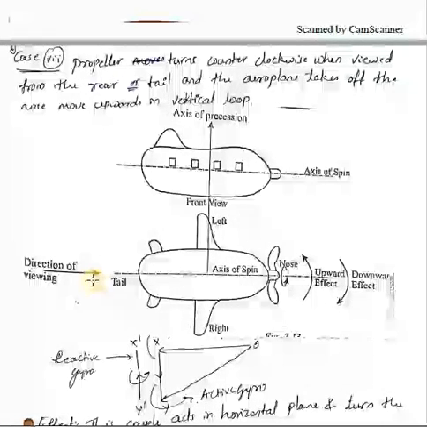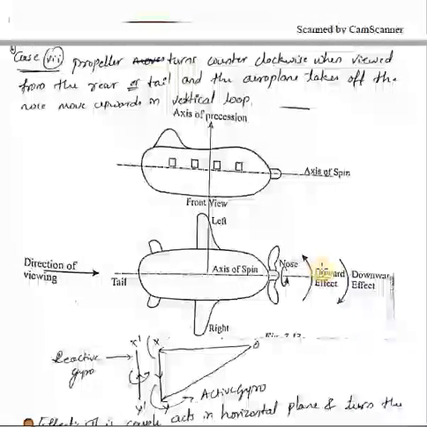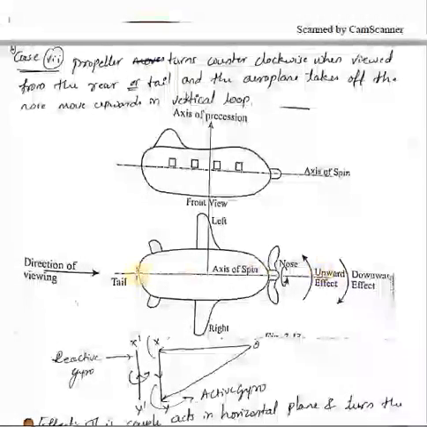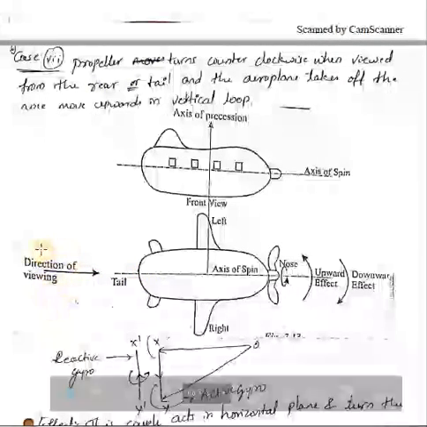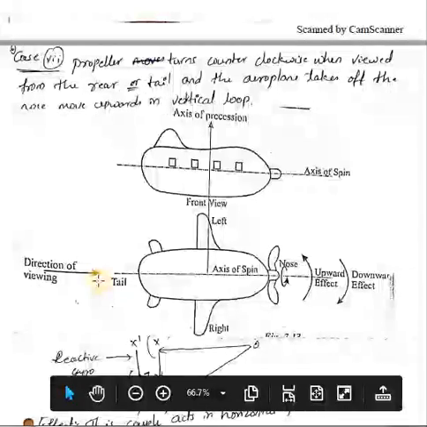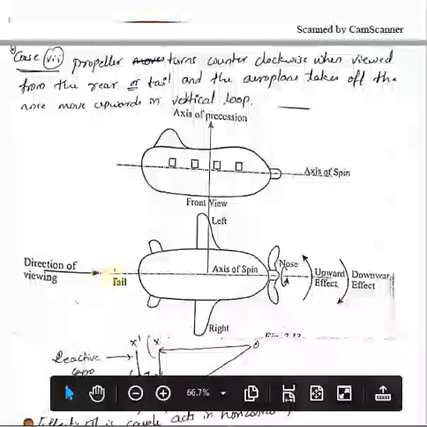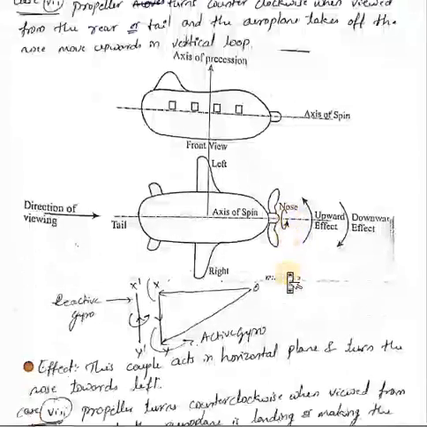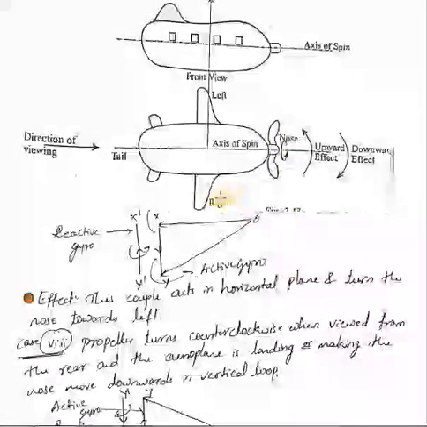For the same case, if you are viewing from the front, the propeller will be rotating in clockwise direction. So keep this direction of viewing constant; always try to view from the rear end, so that you can easily understand the effect of the gyroscopic couple on the directions.